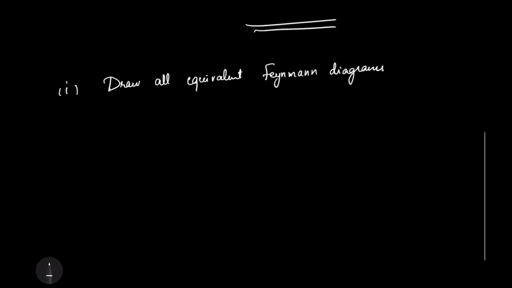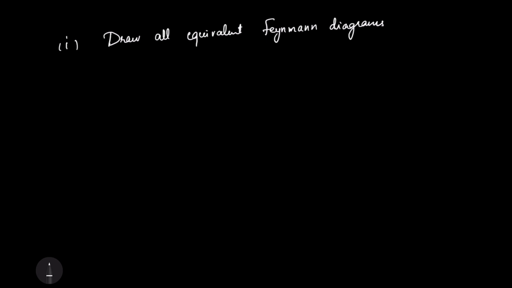The computation involves two basic steps, and the first step is to draw all equivalent Feynman diagrams. Here we have x1, x2 up to xn. There are n external points.